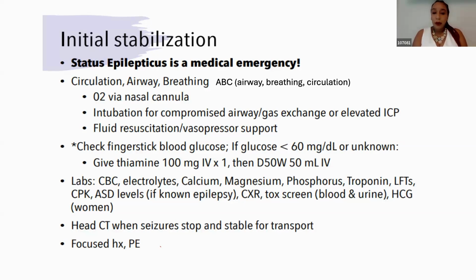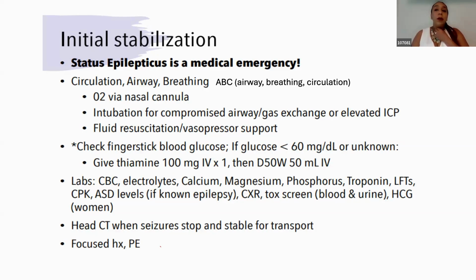So give them oxygen if they need oxygen, intubate them if they need to be intubated, resuscitate them if they need to be resuscitated. At the same time, make sure you get a finger stick glucose. Is it less than 60? If so, give them some thiamine, give them some D5W. Check their electrolytes, do a tox screen. If they have a history of epilepsy and they are taking anti-seizure medications, check those.